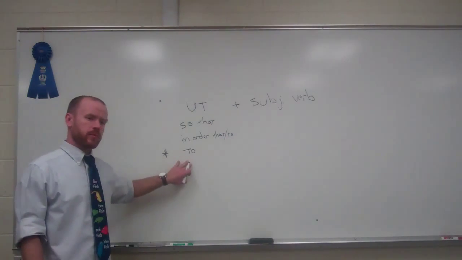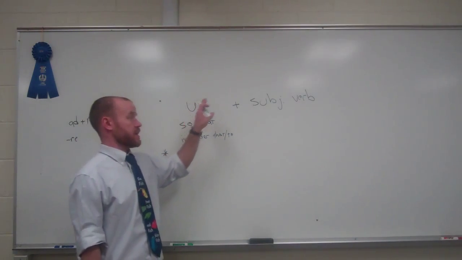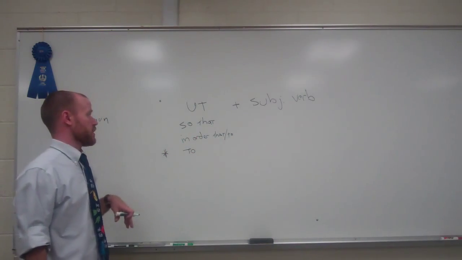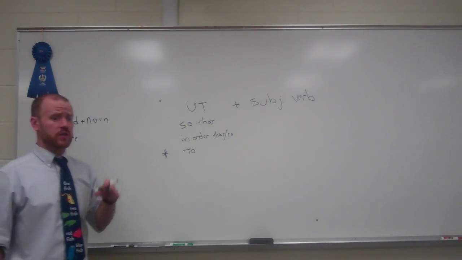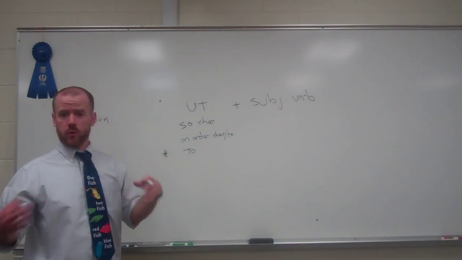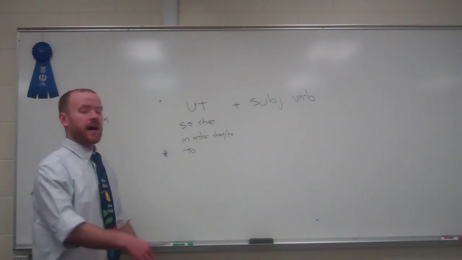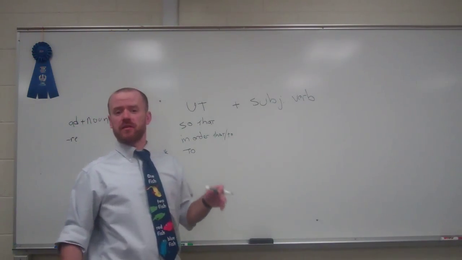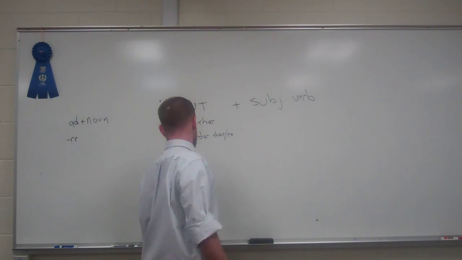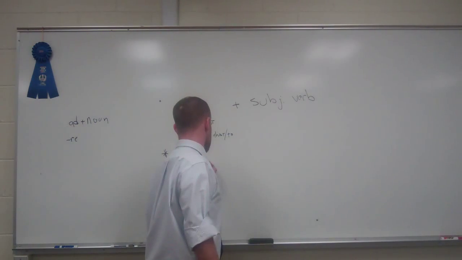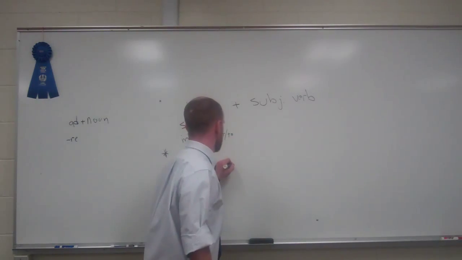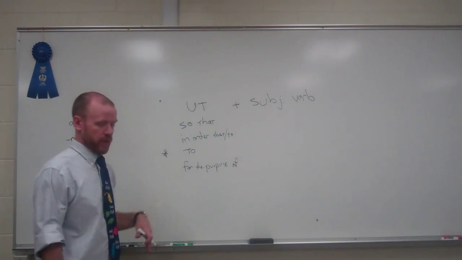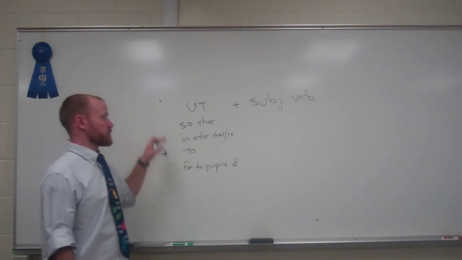So we just want to be careful when we're using this to, that we're using it as a purpose clause. So that is a pretty good and standard one. In order that or in order to works as well. I sometimes get fancy and use for the purpose of as a fourth way to translate the ut purpose clauses.